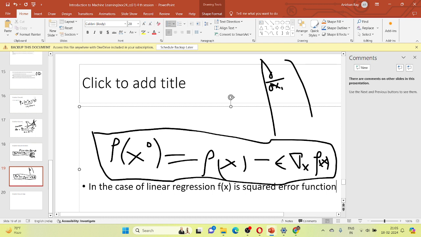Squared error cost function in the case of logistic regression, it is the MLE loss. The squared error function we have also got from the MLE only, but this is it.